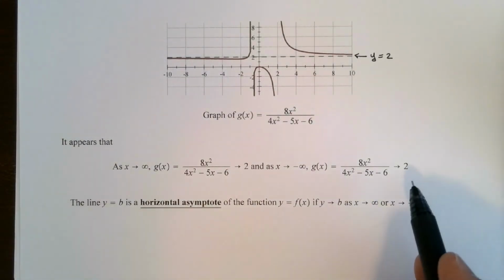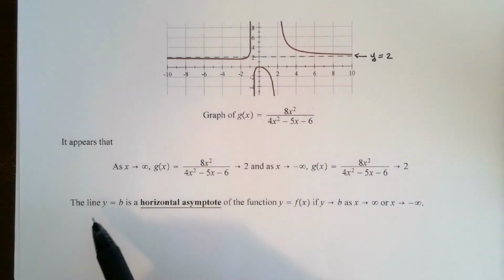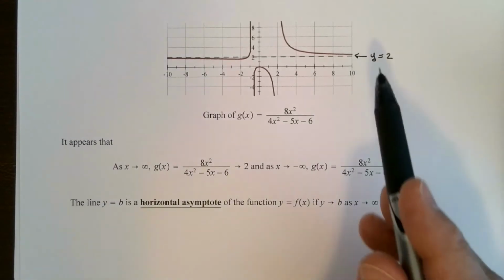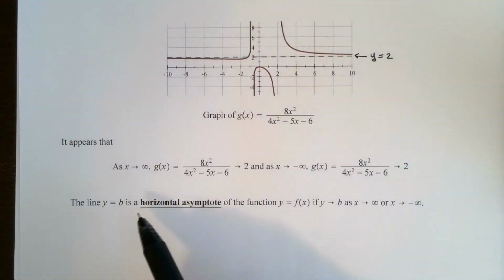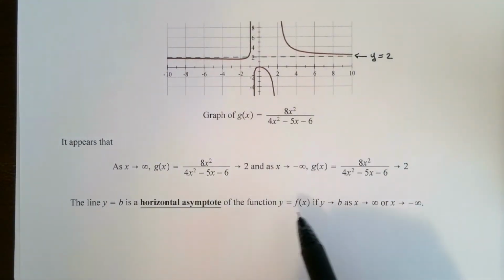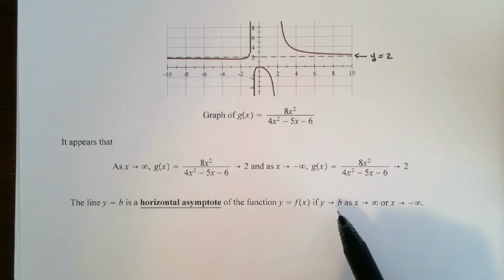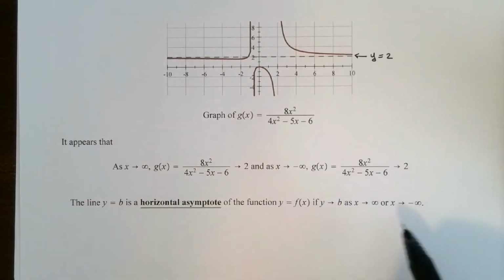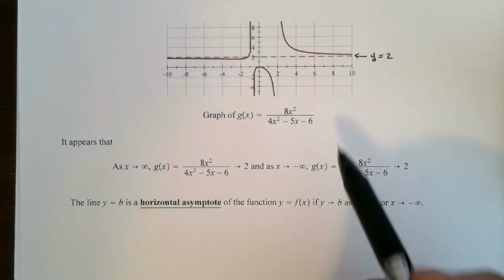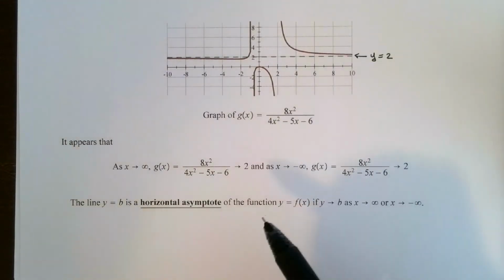But we still say we're approaching 2. Okay. Now, the line y equals b, in this case y equals 2, is a horizontal asymptote of the function y equals f of x if y approaches b as x goes to infinity or negative infinity. And that's what's happening. We're approaching 2, and so the horizontal asymptote is what we call this dashed line.